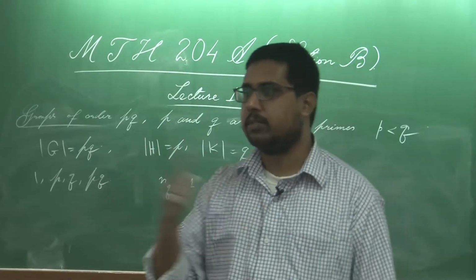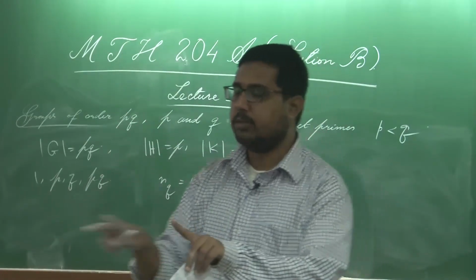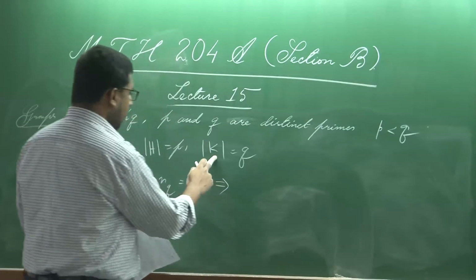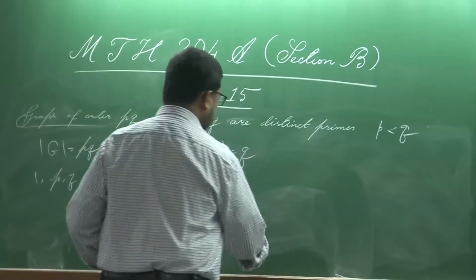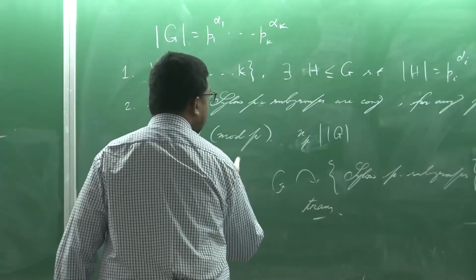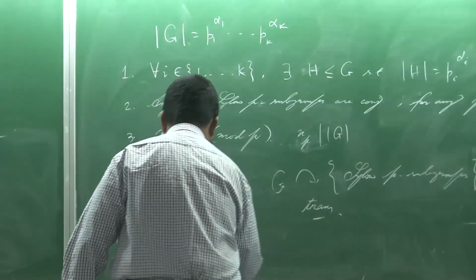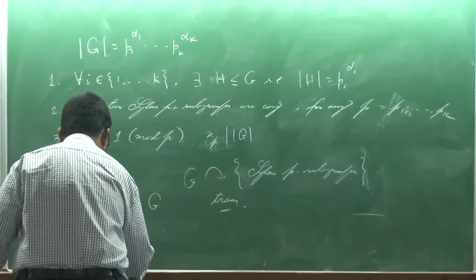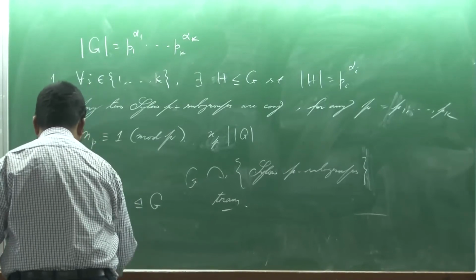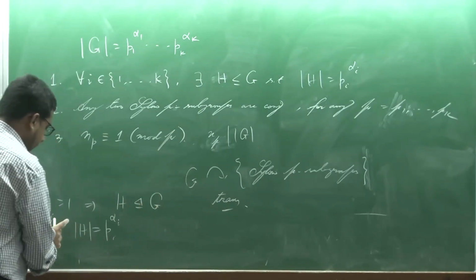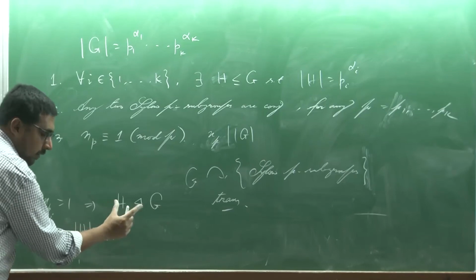Since any two Sylow q subgroups are conjugate to each other, there is a general observation that if n_p is 1, then H is normal in G, where H is the Sylow p subgroup of G. This is because all other Sylow p subgroups are conjugates of H. Now, n_p being 1 forces all conjugates to be equal to H itself.